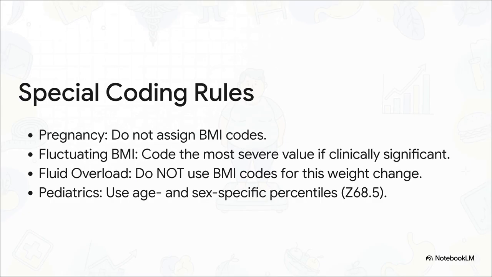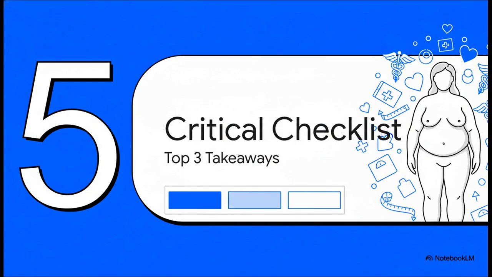Second, if a patient's BMI is fluctuating during a stay, maybe because of a condition like malnutrition, you code the most severe BMI that was recorded. But, and this is a big one, you do not use BMI codes for weight changes that are just due to fluid retention, because that's not a true reflection of body mass. And finally, for pediatric patients, just remember you're using specific codes based on age and sex percentiles, not just the raw BMI number.